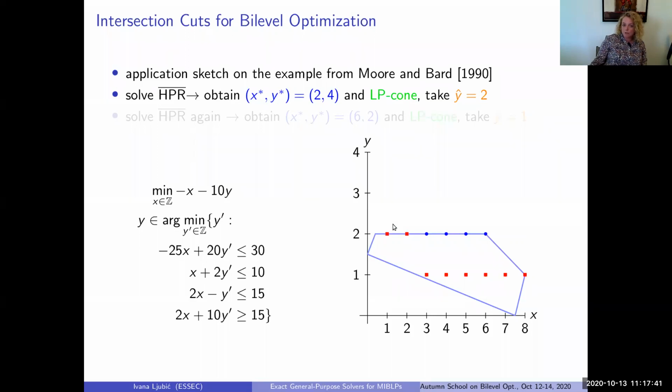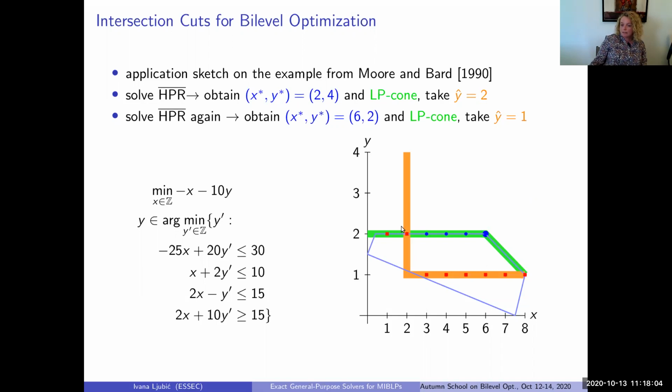Now we could continue. We solve the HPR relaxation again and we get a point with integer coordinates, 6 and 2. This is the LP cone. Again, this point is bilevel infeasible because the best response is 6, 1. So if I take y hat equal to 1 and plug it in, you get the set like that, and you get the next intersection cut.